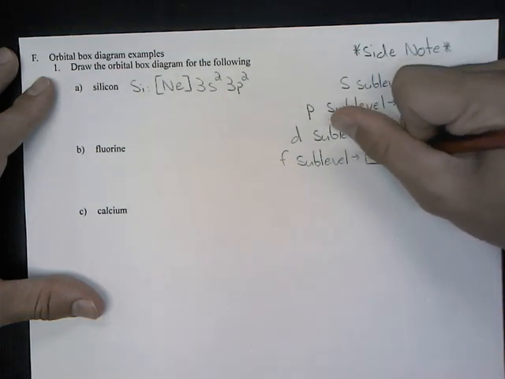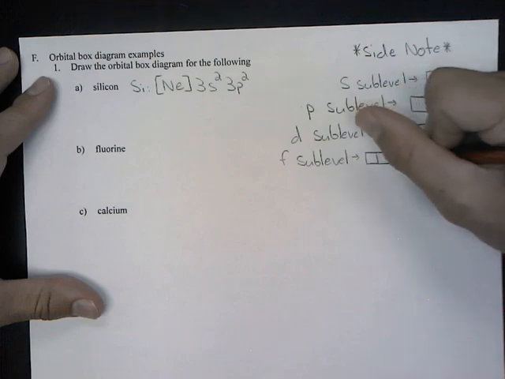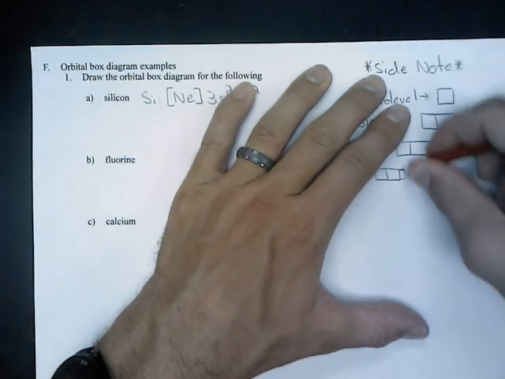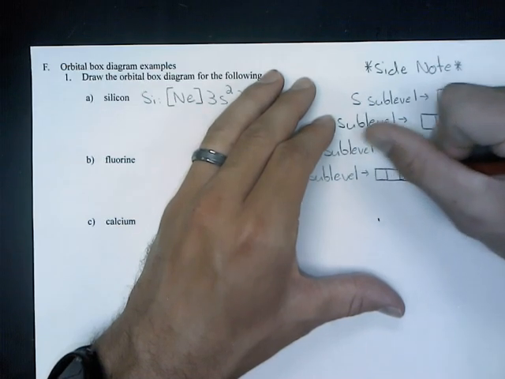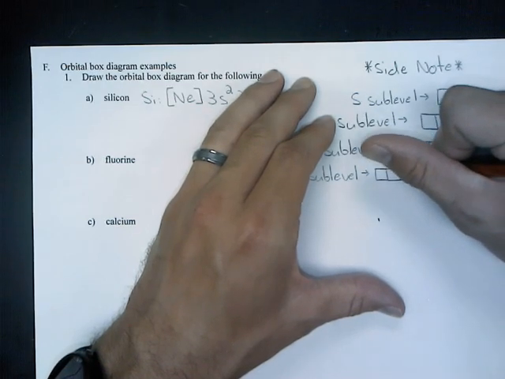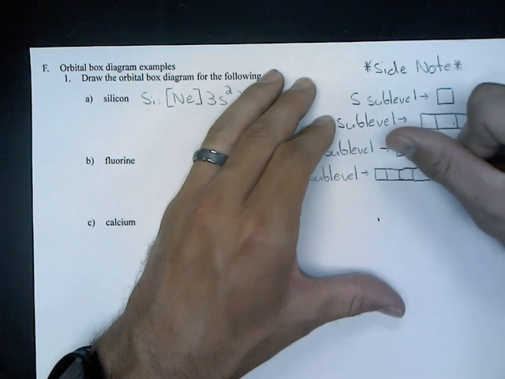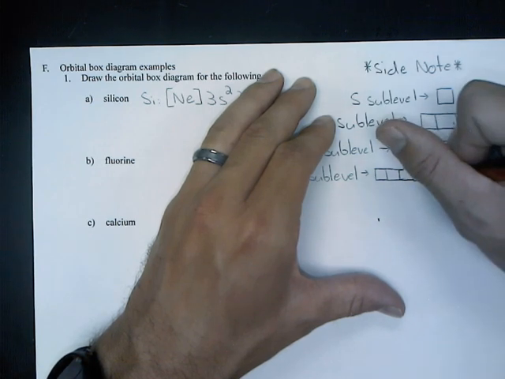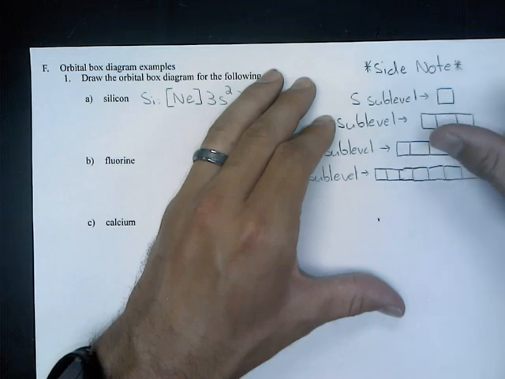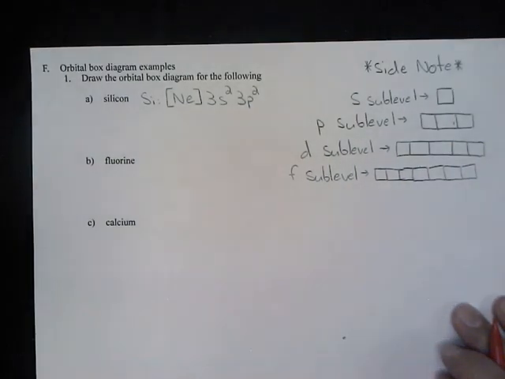I want you to notice that these boxes are all interconnected, and they represent each of those sublevels, which we talked a little bit about in section 2. Now, let's go through this.